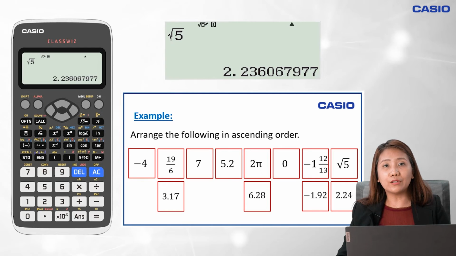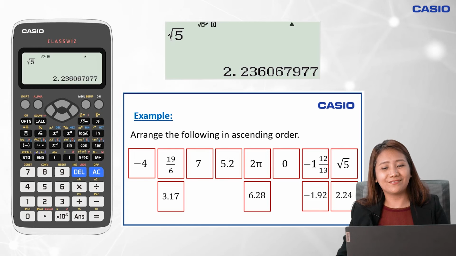Having the given values, arranging our answer, we have negative 4, negative 1 and 12 over 13, 0, square root of 5, 19 over 6, 5.2, 2 pi, and 7. That's how we arrange the given in ascending order.